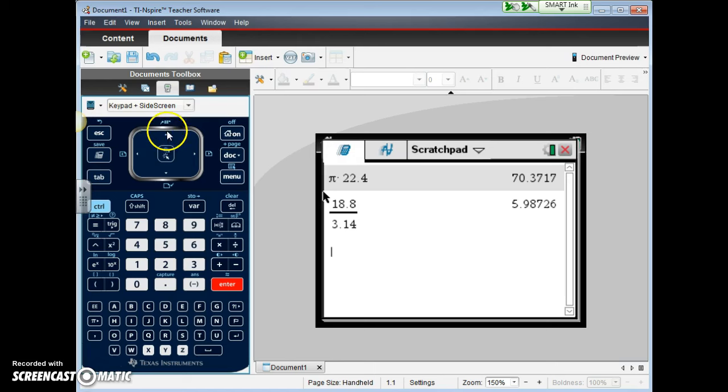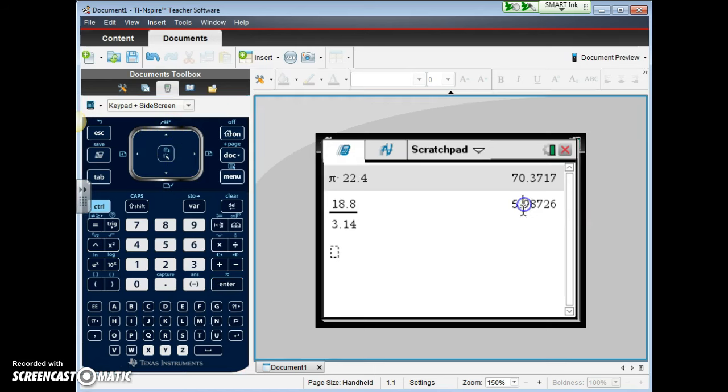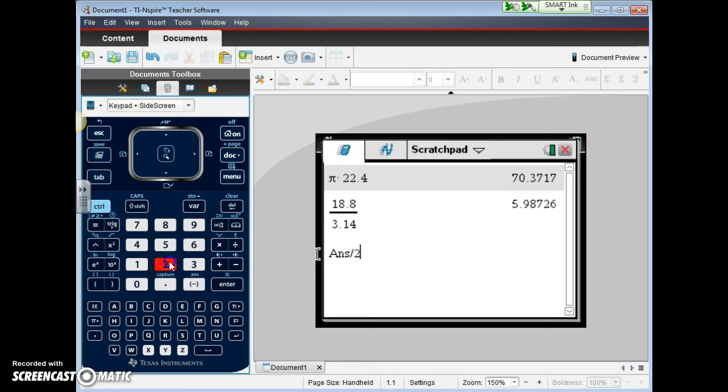So I'm going to take this answer and divide it by 2. So now the number I'm looking at right here, 2.99363, that's my radius.